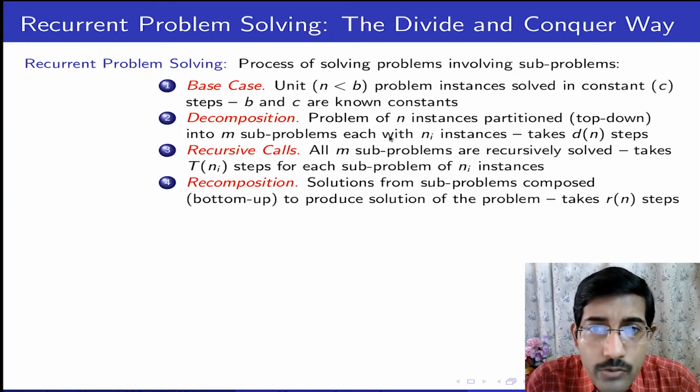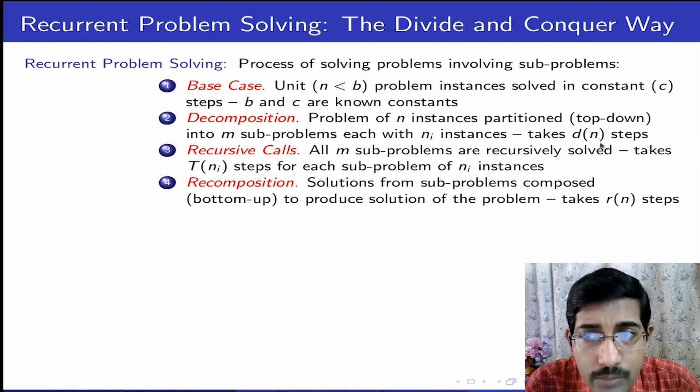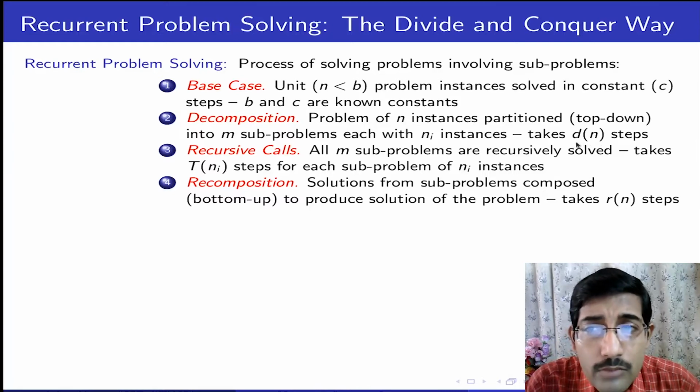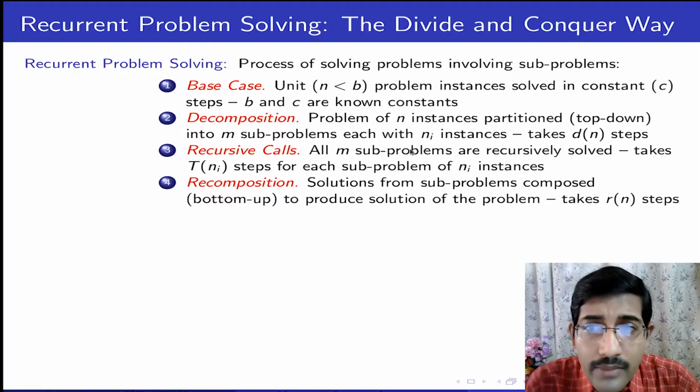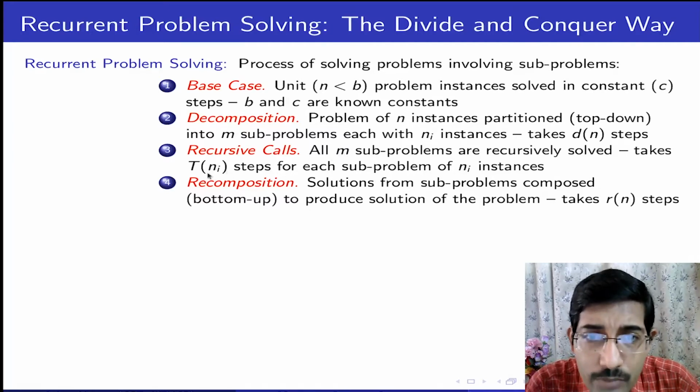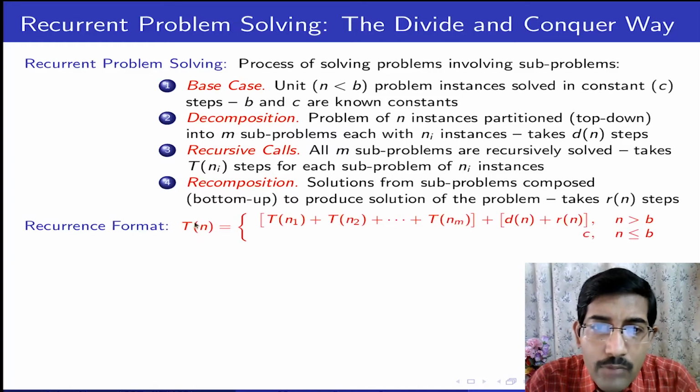Therefore, you decompose a problem, and suppose decomposing an n-instance problem takes d(n) steps, and finally recomposing your m decomposed sub-problems takes r(n) steps to get back the solution for the n problem, and the rest is the number of steps taken for each of the sub-problems ni. So let's say T(n) is the total number of steps taken to solve the overall problem.